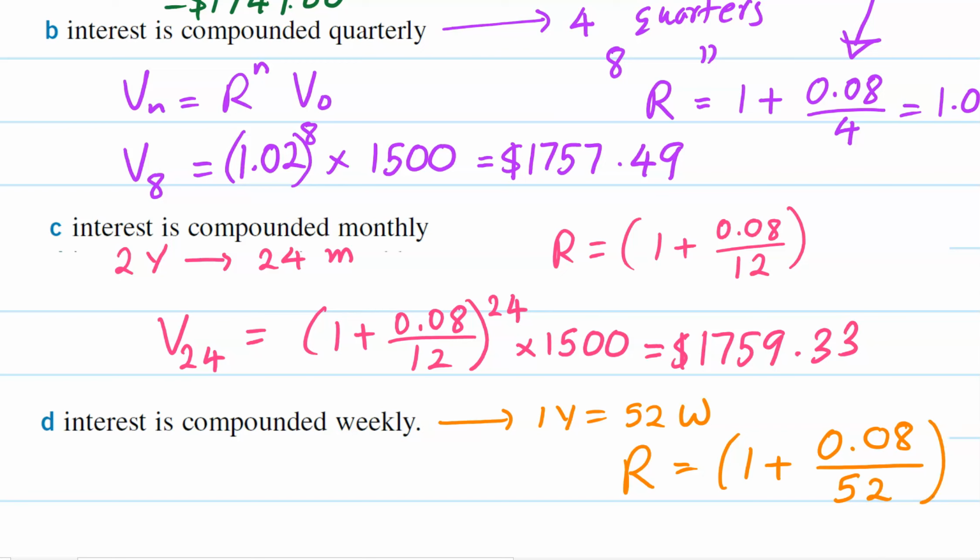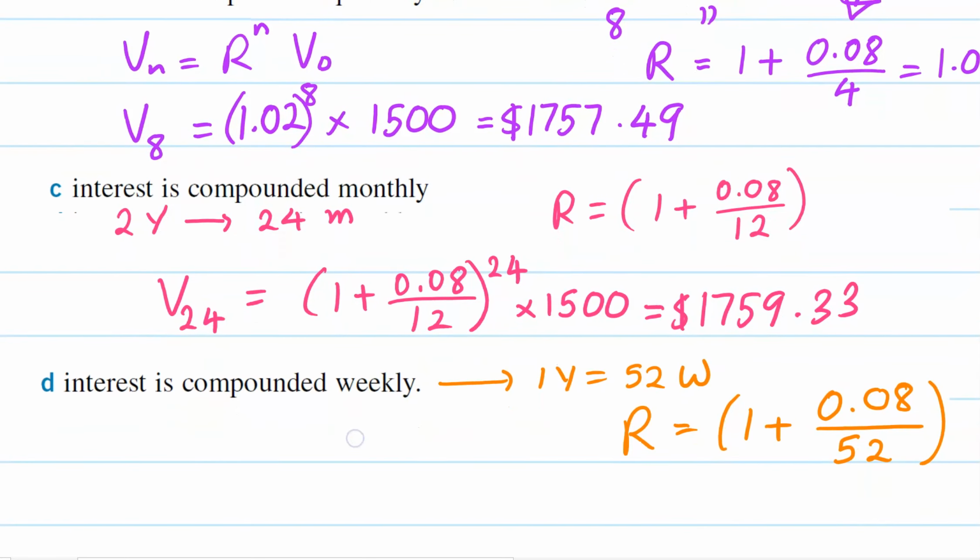How many weeks am I going to calculate this compound interest over? 2 years, which means 52 times 2, so 104. Therefore, my formula becomes, after 104 weeks, which means after 2 years, this figure.